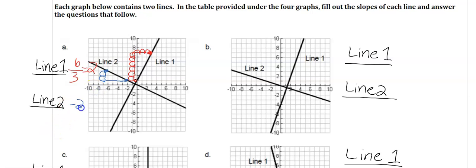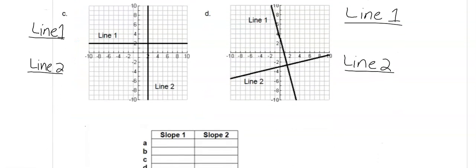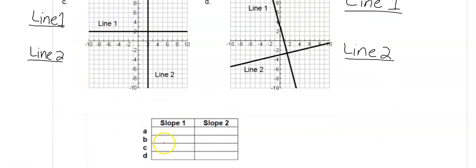So we have a negative 2 for our rise, and our run is 1, 2, 3, 4. So if we simplify this, negative 2 over 4 is equal to a negative 1/2. So if we go down to our table and fill it out, slope 1 of graph A was 2, and slope 2 of graph A was negative 1/2.